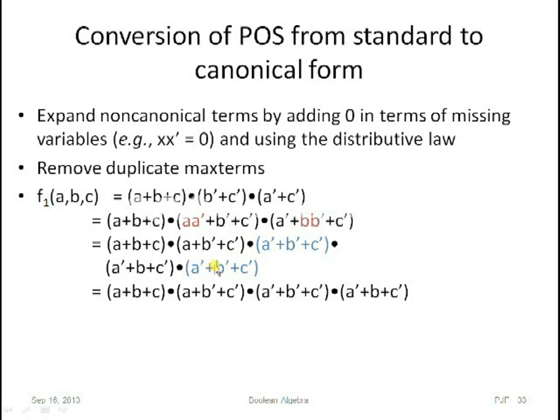Now we have to remove the duplicate max terms: if any max term appears more than once in an expression, it has to be removed and considered only once. Here it appears twice, therefore we consider it only once. This is how we convert standard sum of products to canonical sum of products, as well as standard product of sums to canonical product of sums.